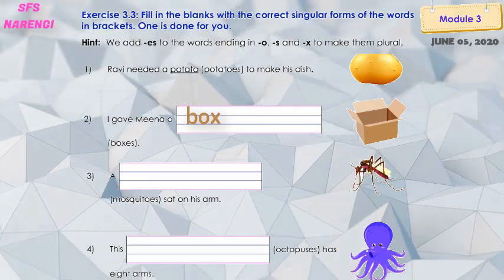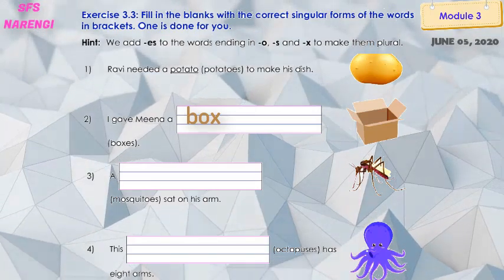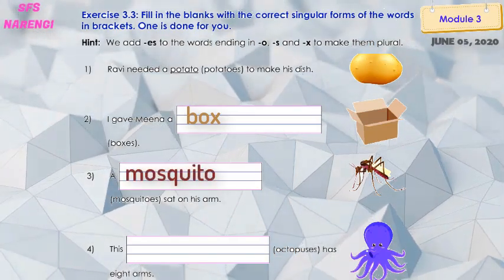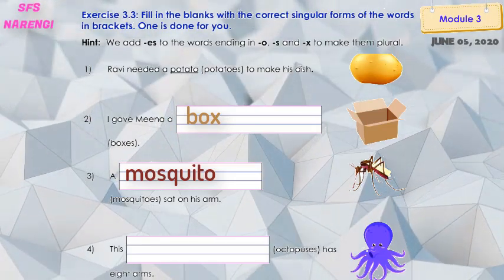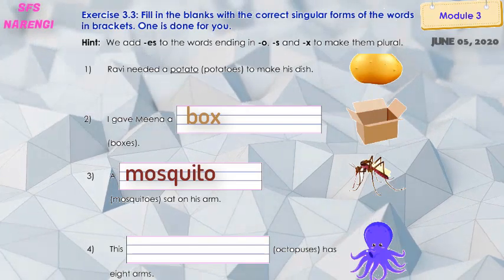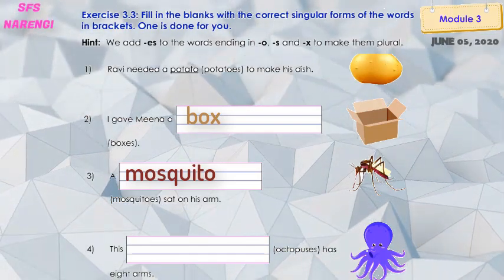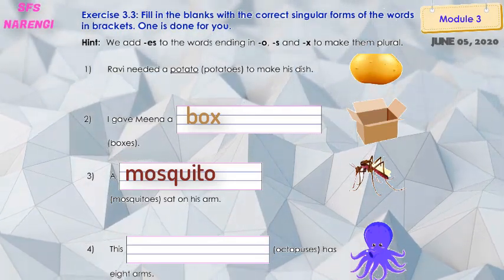Mosquitoes sat on his arm. What is the singular of mosquitoes? Mosquito. What is the spelling now? M-O-S-Q-U-I-T-O. Mosquito. A mosquito sat on his arm.